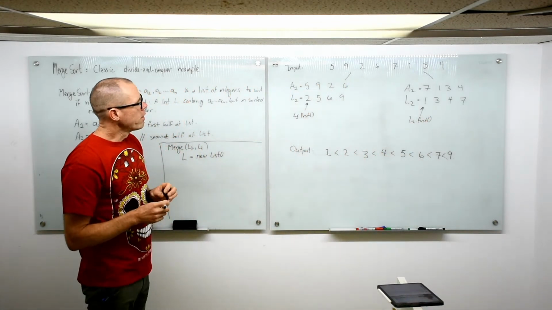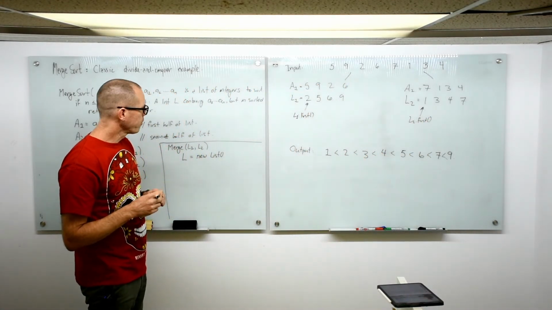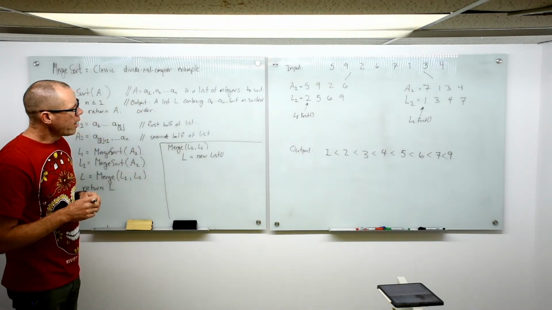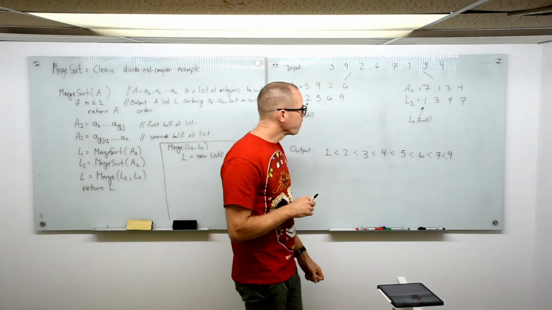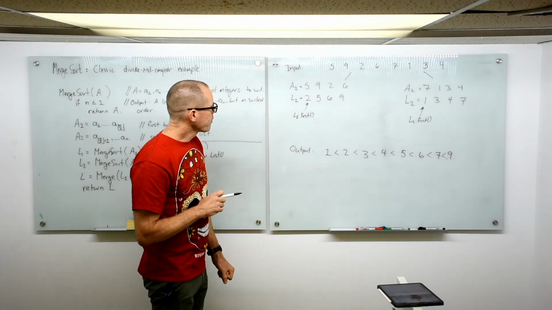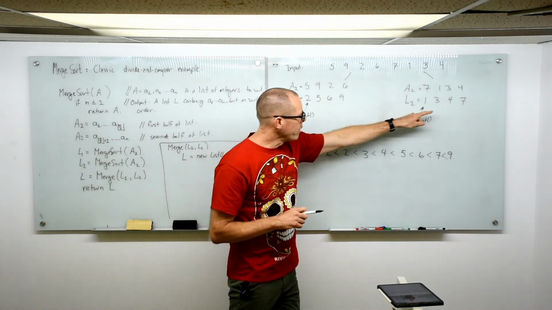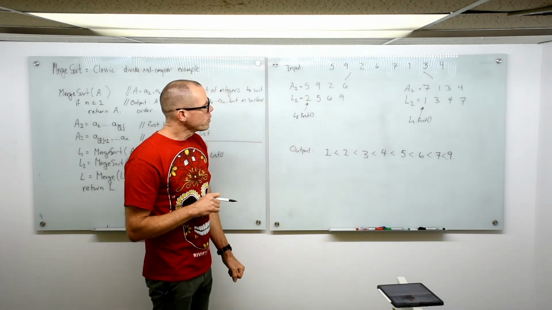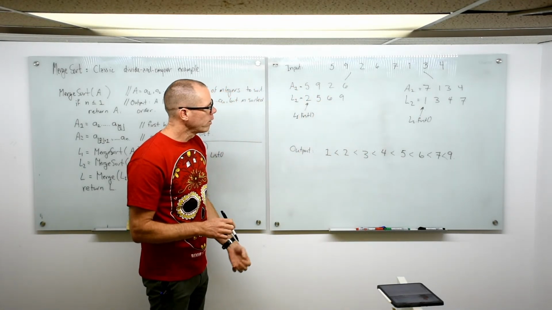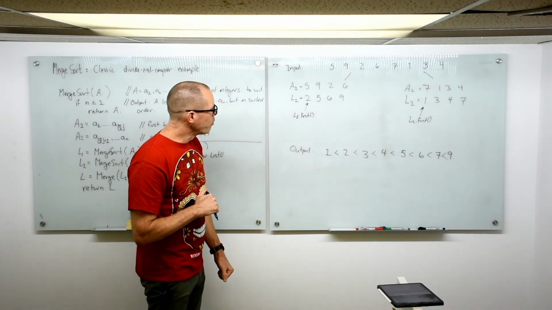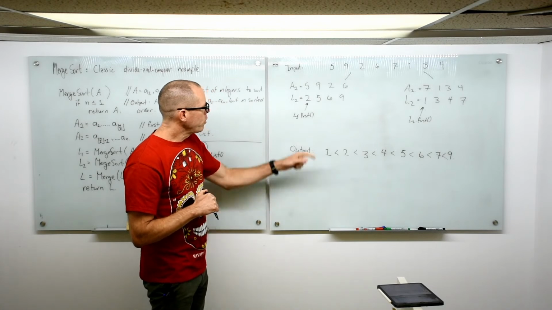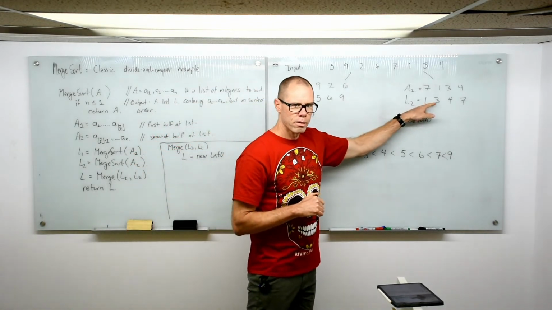So the first item in the list. And in our sorted list, in our output list, this is in sorted order and this is in sorted order. So the smallest element overall out of everything, the one that should come first in the output list L, should be one of these two things, right?